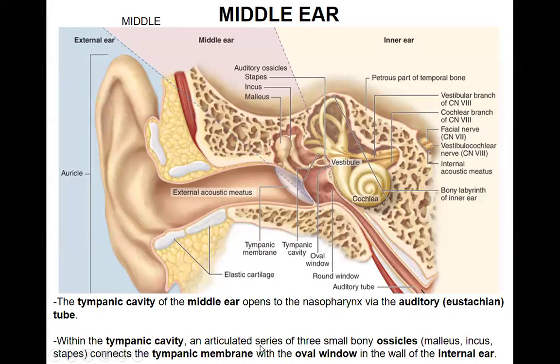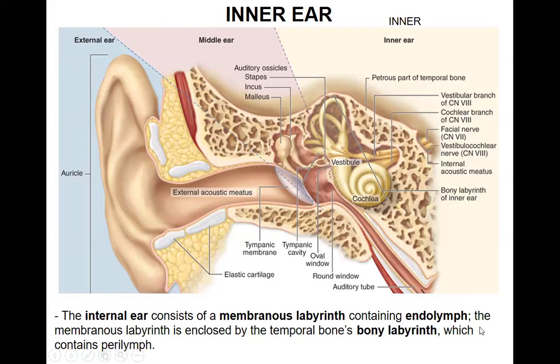Within the tympanic cavity is an articulated series of three small bony ossicles, the malleus, the incus, and the stapes. This is the largest one, malleus, incus, stapes. The stapes is, I think, the smallest bone in our organism, and it connects the tympanic membrane with the oval window in the wall of the internal ear.